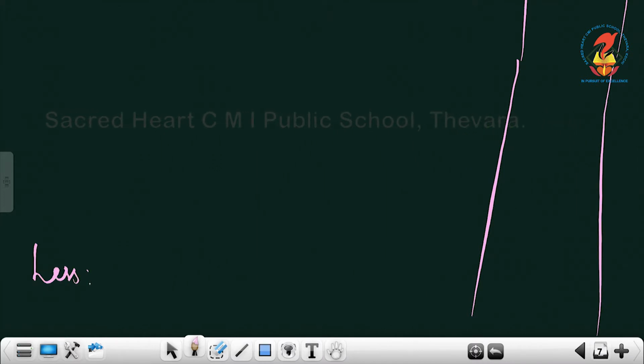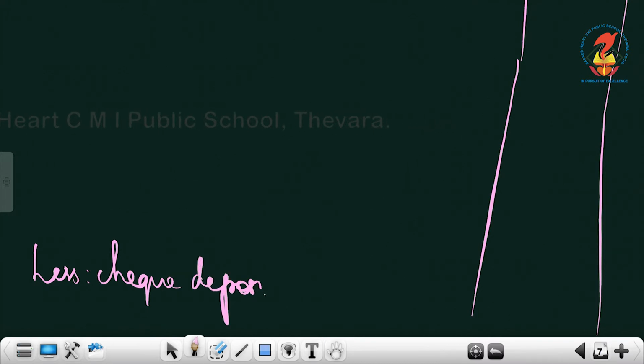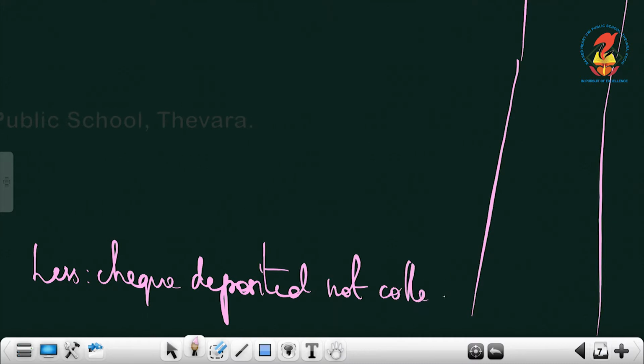Then you write less, check deposited not collected. The amount is 10,500. Write within brackets.